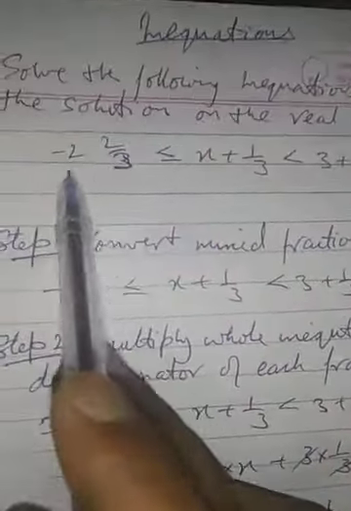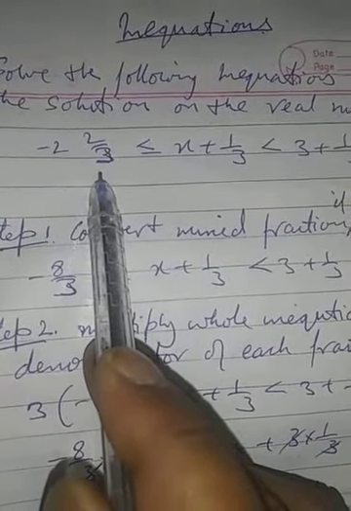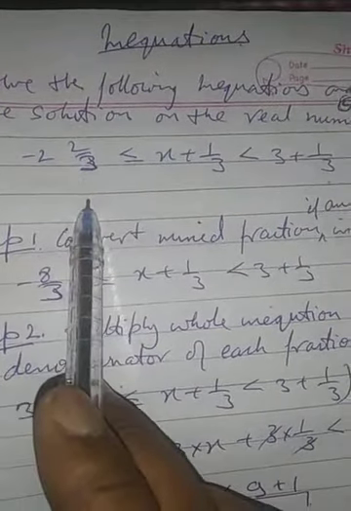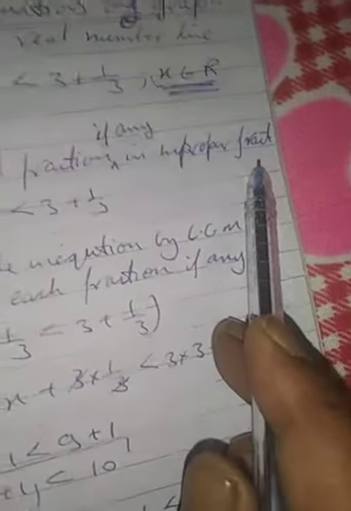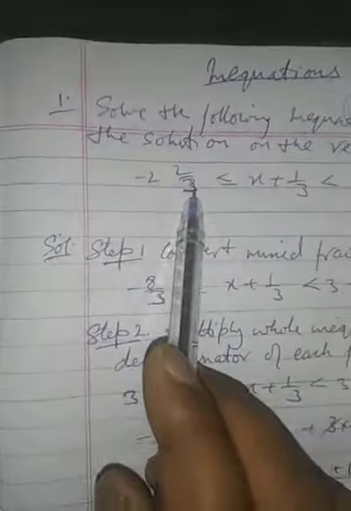Now the solution. Step 1: if any mixed fraction is contained in the inequation, then the first thing is that the mixed fraction should be converted into an improper fraction. So this mixed fraction will become 3 twos are 6, and 6 plus 2 is 8.